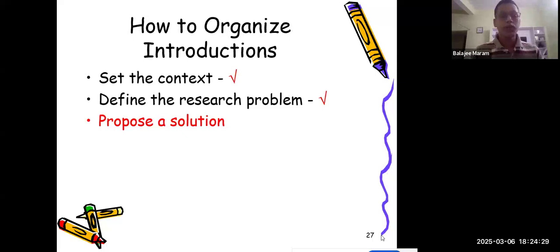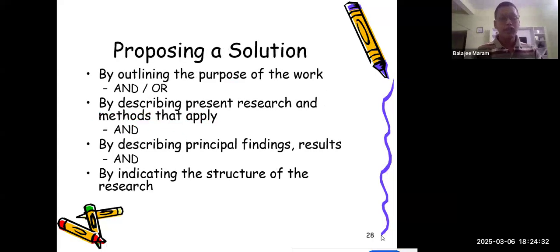Okay. Third one, propose a solution. So always we are working on finding the limitations and drawbacks in existing technology. After observing some limitations in existing technology, again we are responsible for proposing a solution. That means we are responsible for finding the problem as well as proposing a solution.